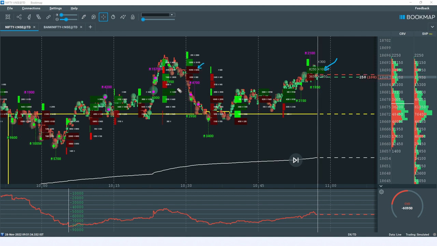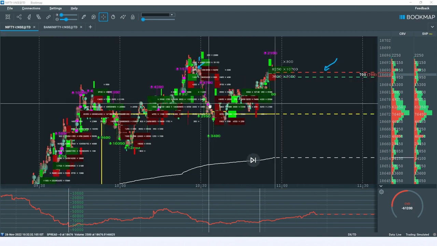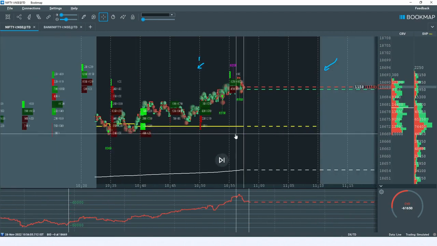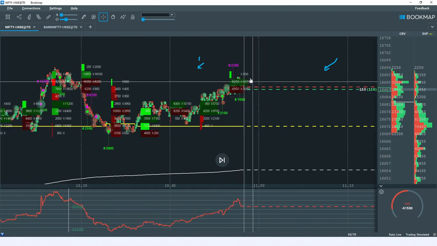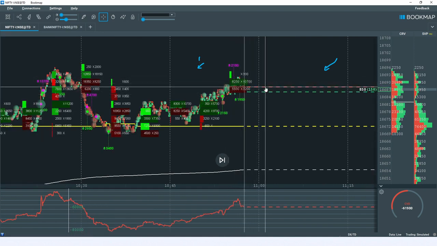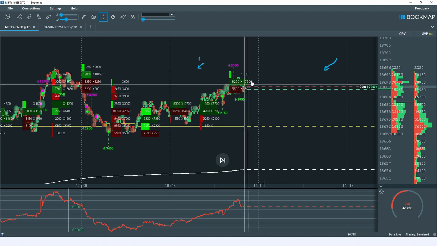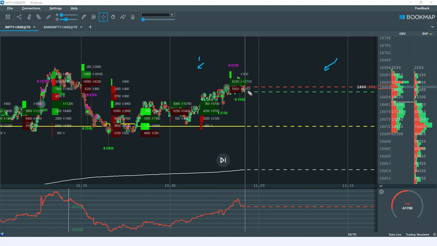For example, at the present moment, 18,150, let me zoom in a bit. How can you say that 10,700 is a bigger number? You cannot say that just by looking at the number. But if you have relativeness, for example, if you compare this price level, which has 4,850 aggressive buys, with this particular level, which has 10,700 aggressive buys, then obviously it makes sense to look at the numbers.